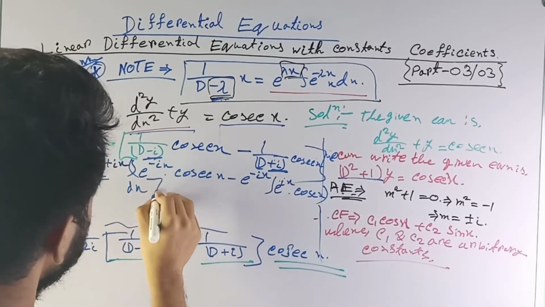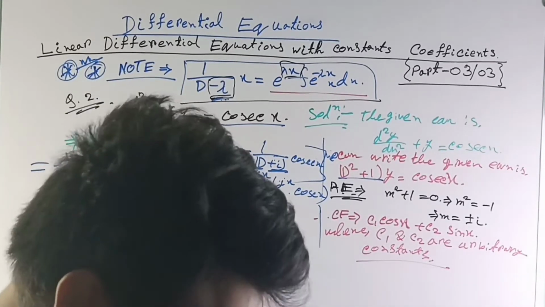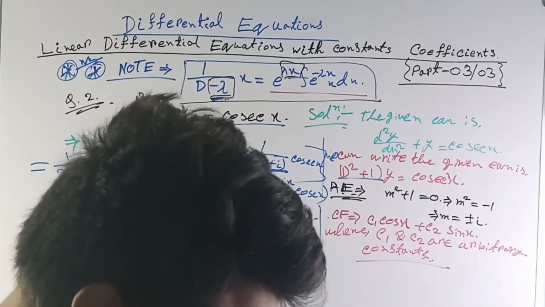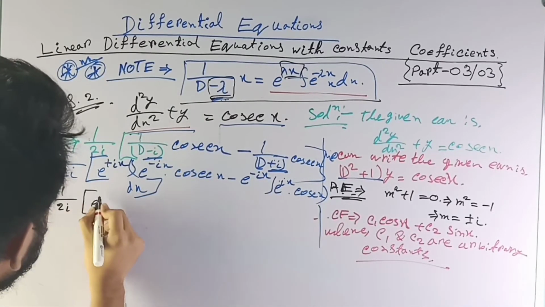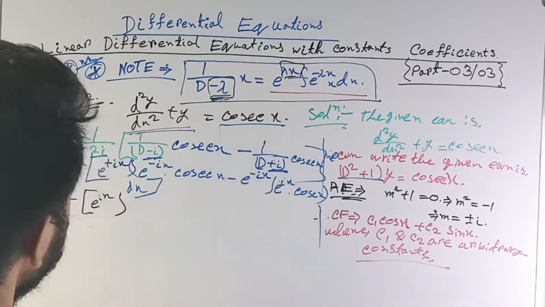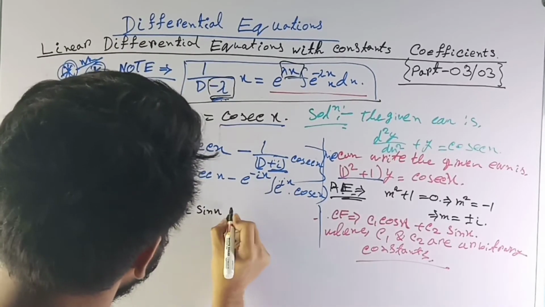If you are given the plus, therefore you can write the minus, and if you are given the minus, therefore you can write the plus as well. Then coming to the integration format of e to the power plus x if minus, that's it. So also we can write this.